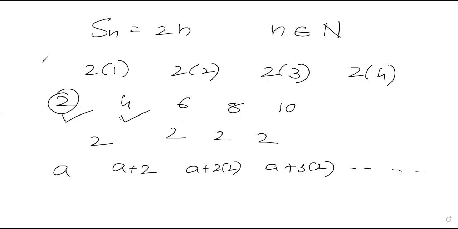So usually we write the arithmetic sequence in a general way somewhat like this. I write the first term, t1, as a. The second term I write as a plus d. d we call the common difference.